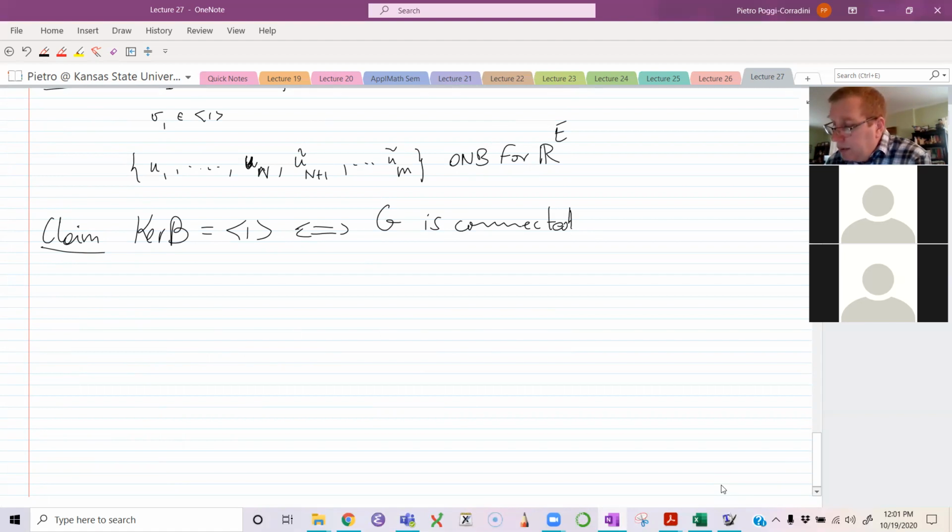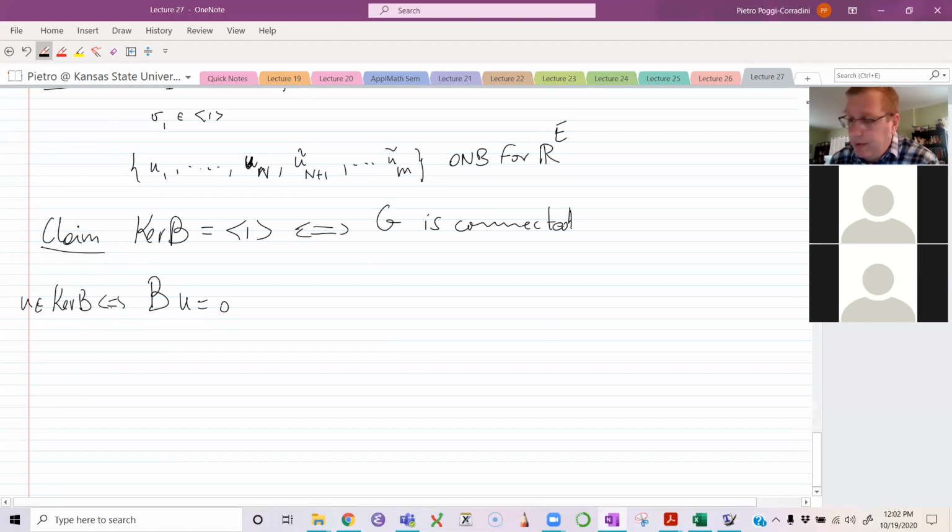Think about what it means to be in the kernel. Being in the kernel means that when you multiply B by this vector U, you get 0, right? That's the definition of being in the kernel.